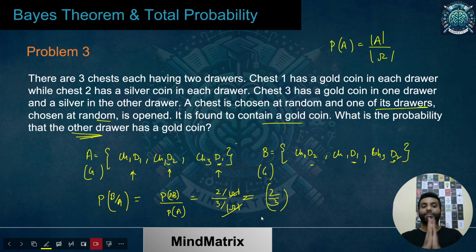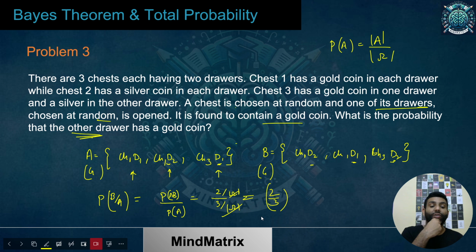Let me repeat this way of solving once again. A is representing my first draw. Why have I not written CH2 over here? Because I know that I have got a gold coin, and within CH2 there was no gold coin. So I'm just writing the possible cases for my gold coin, and that too in the first draw.